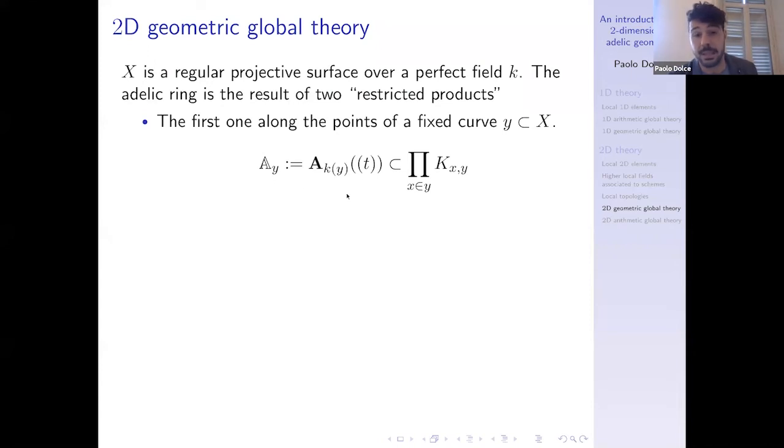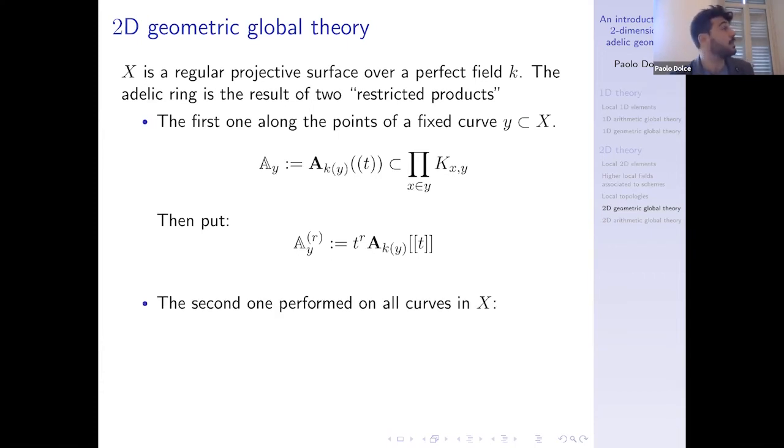This is the result of the first restricted product. This is quite simple: it's Laurent power series over the ring of adeles of the curve. Before the second restricted product, we can shift this by putting an index here in the obvious way.